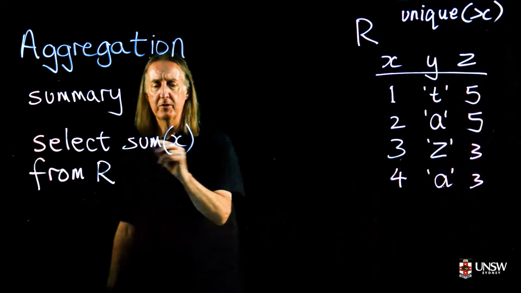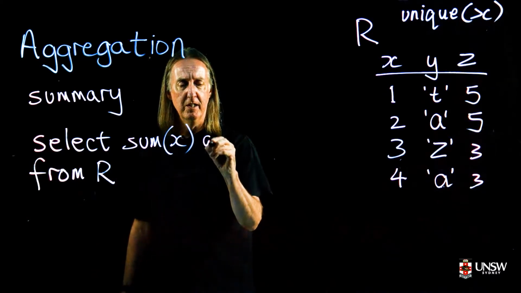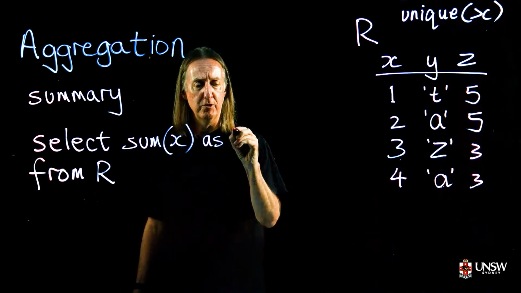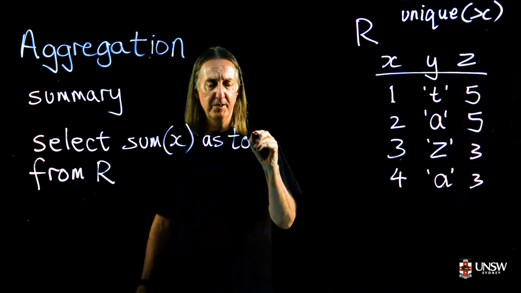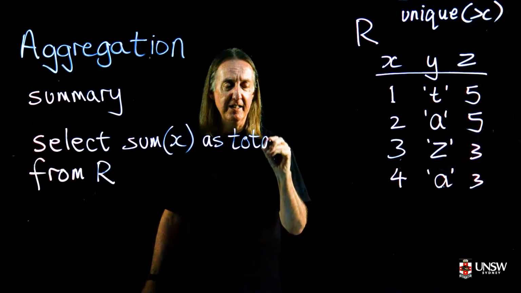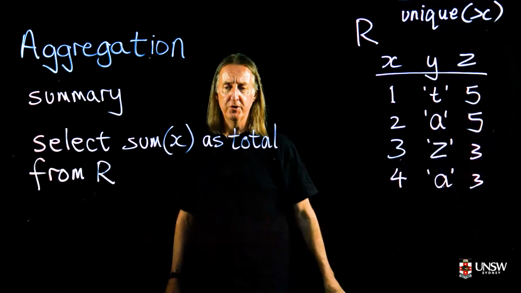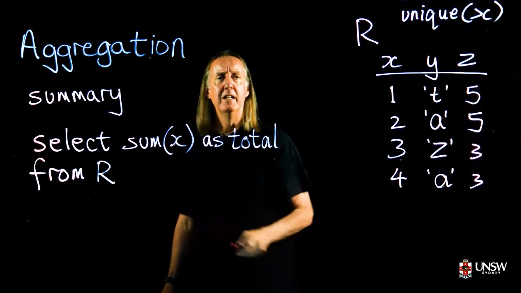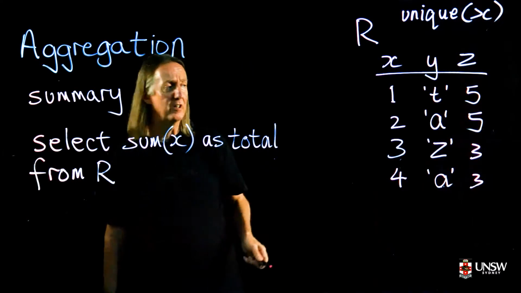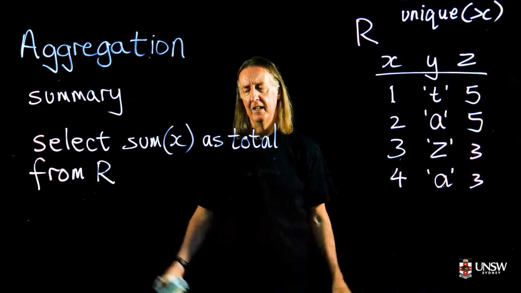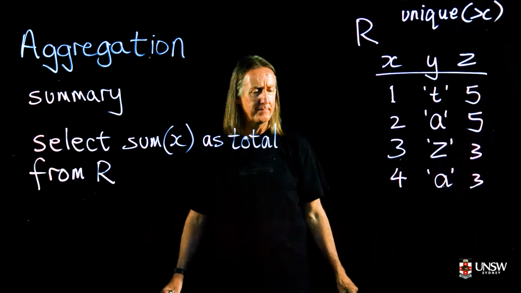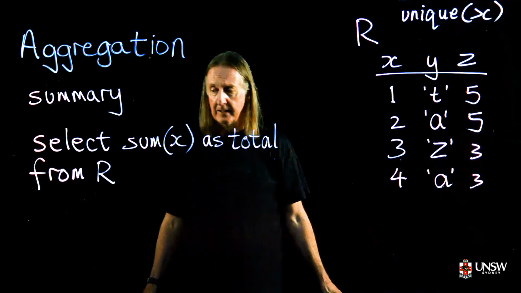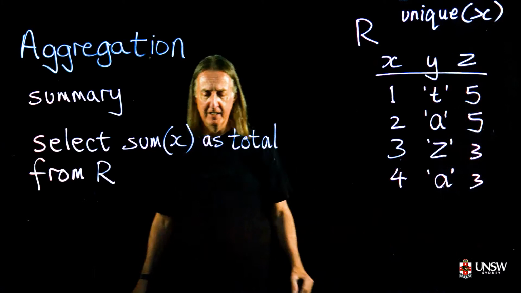Often, when we're doing a select clause like this, we would give a name to this aggregated attribute. So we could do something like that. In PostgreSQL, if you don't give a name to it, you get the name of the function as the name of the attribute. Now there are a whole bunch of different aggregates.